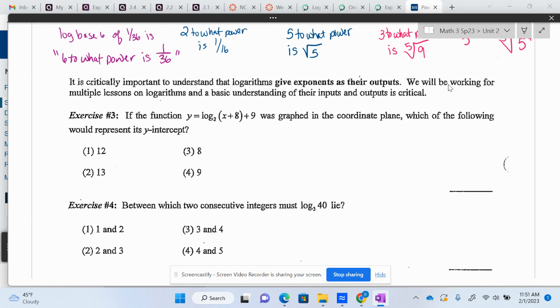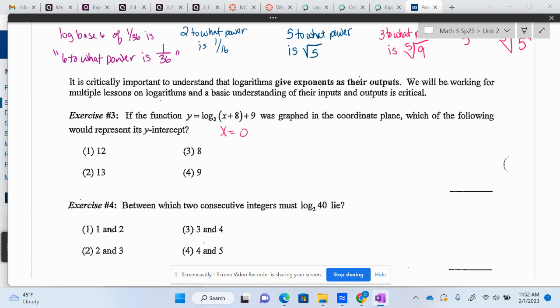So here I have the function y equals log base 2 of x plus 8, plus 9. And it's graphed on the coordinate plane. And I want to know which one of these points would represent the y-intercept. So before you get all distraught or grab your calculator, tell me, what is the value of x at the y-intercept? X equals 0, right?